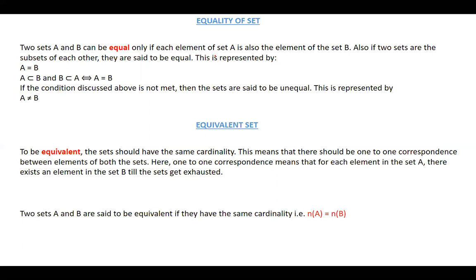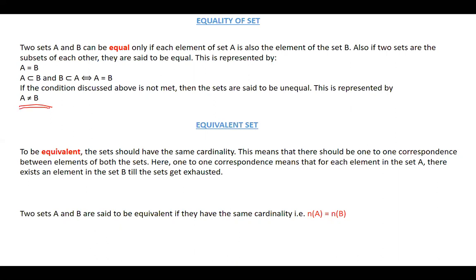This is represented by A = B. So when you have A being a subset of B and B being a subset of A, it simply means that A = B. If the condition discussed above is not met, then the sets are said to be unequal. This is represented by A ≠ B.